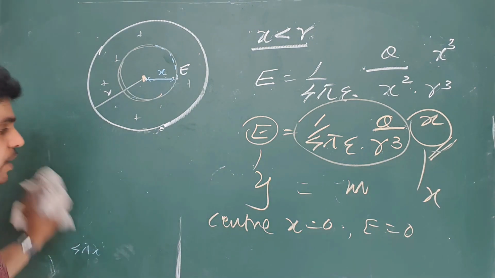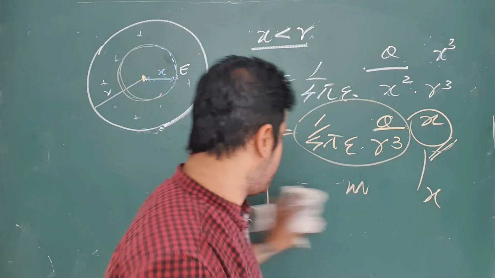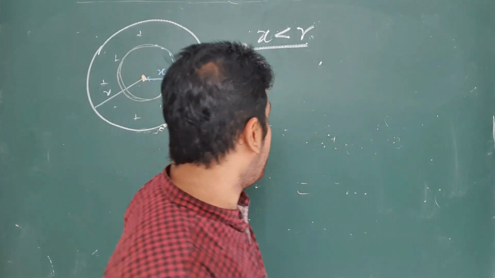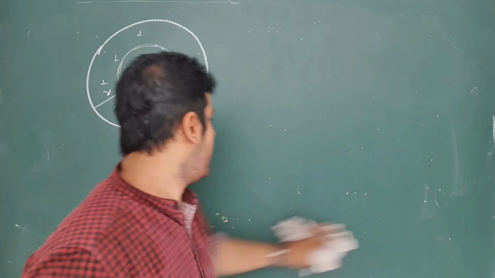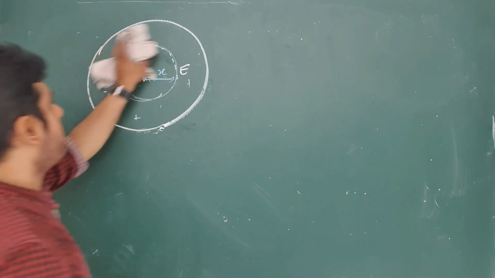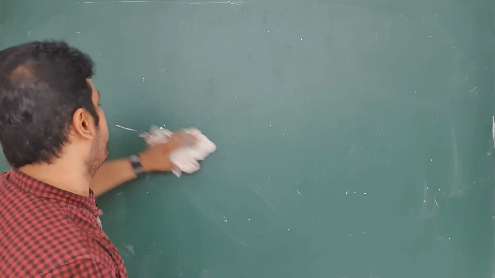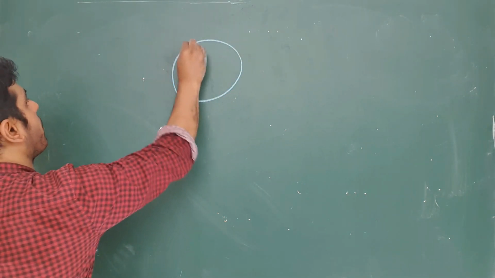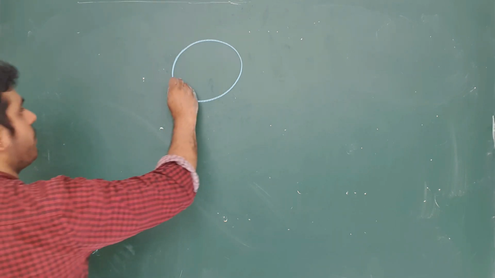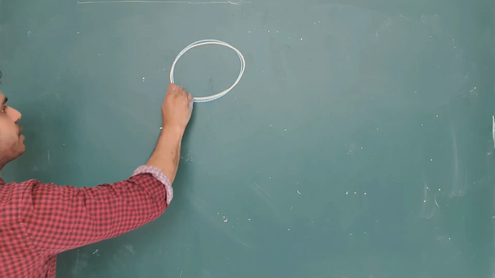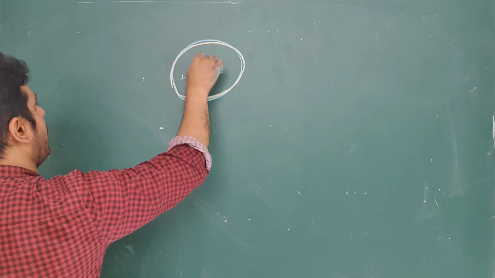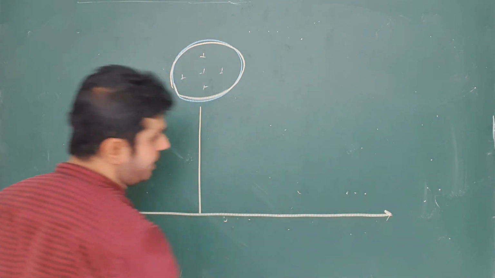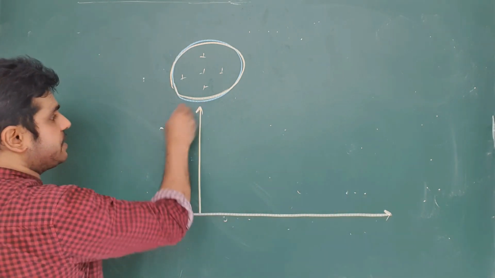Again, we will draw the variation of distance and electric field intensity in the dielectric media. Now I am going to draw the variation here. Now you assume this is the given dielectric sphere, and again I draw the variation of E relative to the distance.